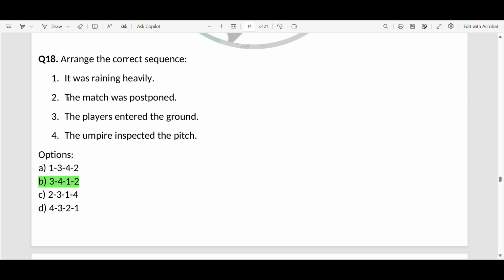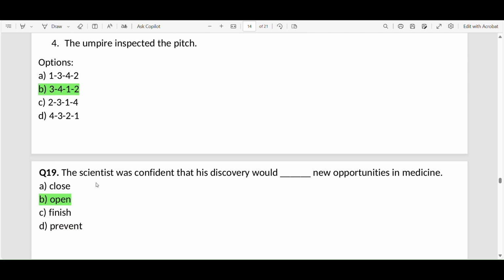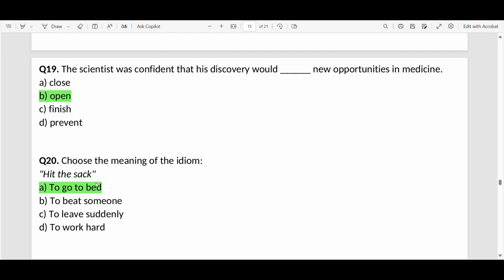After that, the match won't be postponed. So it was raining heavily, then the raining started, and after that the match was postponed. So this is the correct order. When you see the options 3, 4, 1, 2, option B is the correct one. And let's go to the next question.